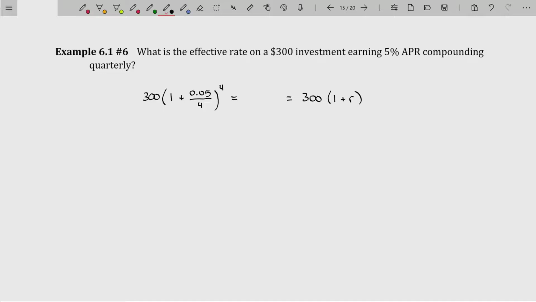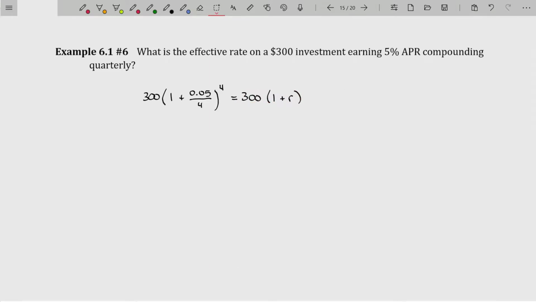Since we want them equal to each other, you could technically compute all of this and write it in the middle area, but that's kind of silly. It's a little easier to set them equal and solve. I'll grab this one, move it over a little bit.